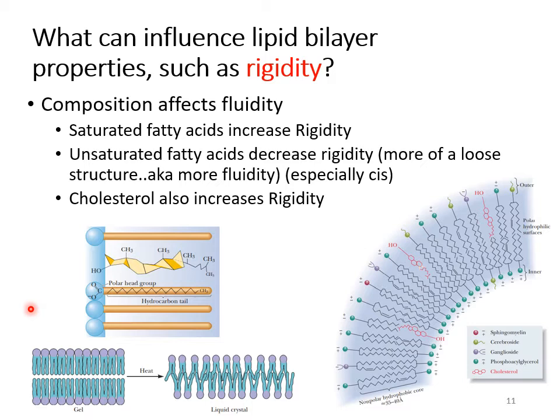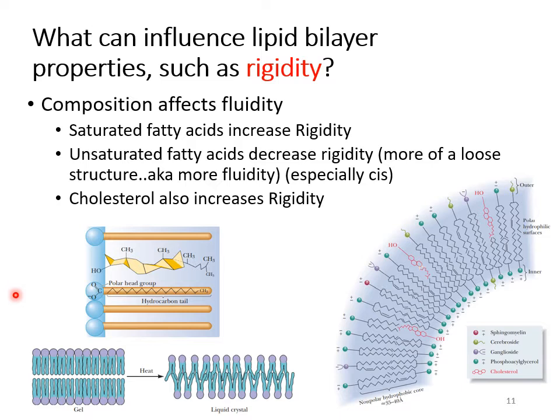You have the lipids more spread out from each other, which makes it more fluid rather than rigid. Okay, and I want to point out, in this figure here, you can see how cholesterol can influence the structure as well.